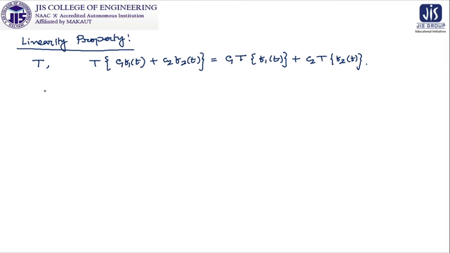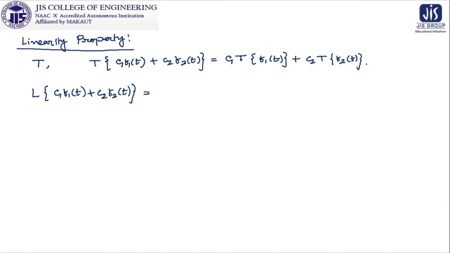Now we are trying to check whether the Laplace transform, which we have learned in the last slide, is a linear transformation or not. So we can write the Laplace transform of c1 f1(t) plus c2 f2(t), where c1 and c2 are any two constants.